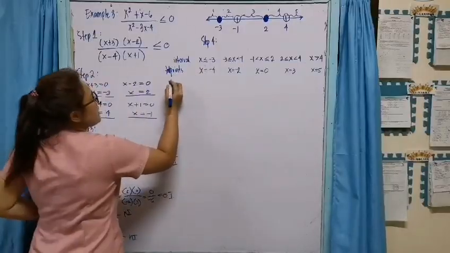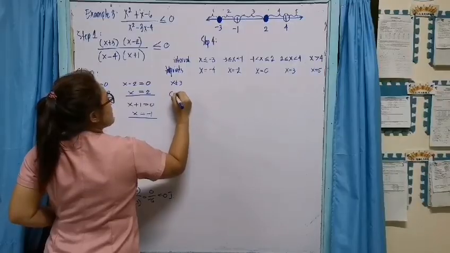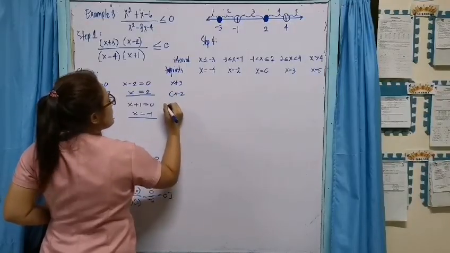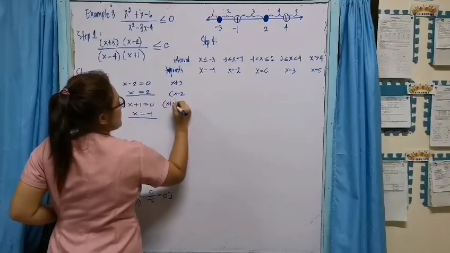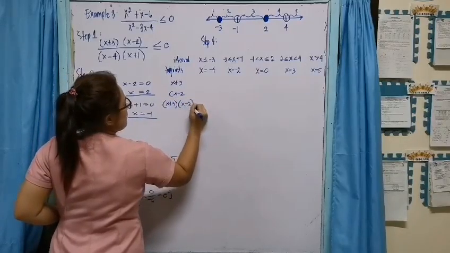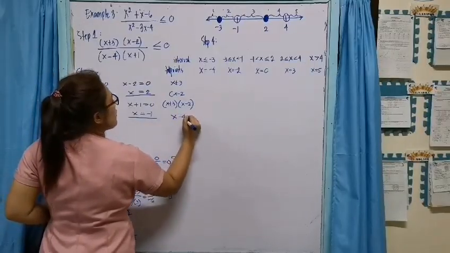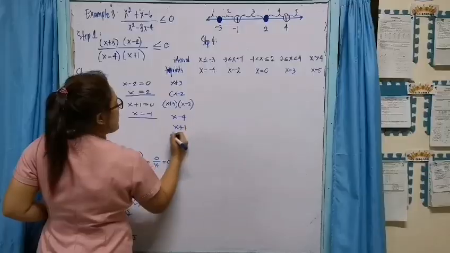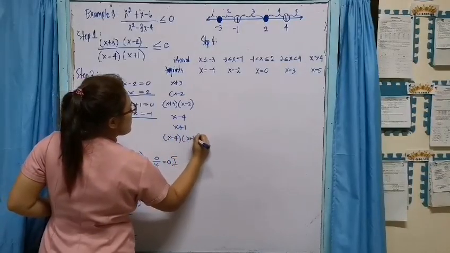So what are these? Let's start with the first one, x plus 3 and x minus 2. Then you multiply them both. The denominator, x minus 4 and x plus 1, you multiply x minus 4 and x plus 1.